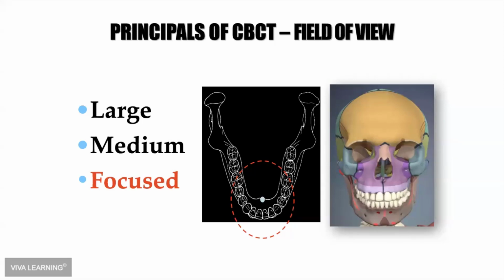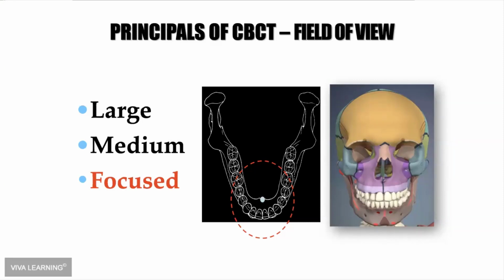If you're doing endodontics, this is an excellent way to take a small field. You can then take what I call a high-resolution image, where you're going to get a lot of fine detail. All right, because for endodontics, that's what you're looking for. You don't need a large area, and you can concentrate on that one with extremely fine detail that you wouldn't need for, let's say, implant placement.